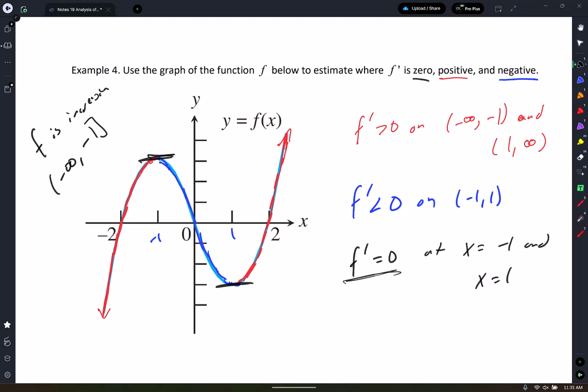Because at negative 1 and 1, you have horizontal tangents. And 1 to infinity with a bracket on 1.